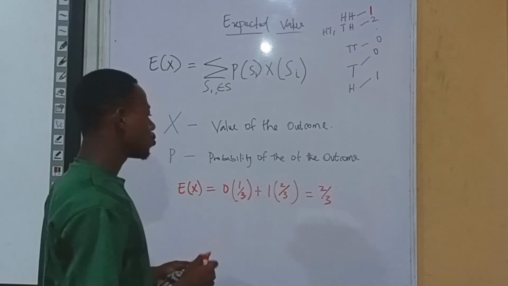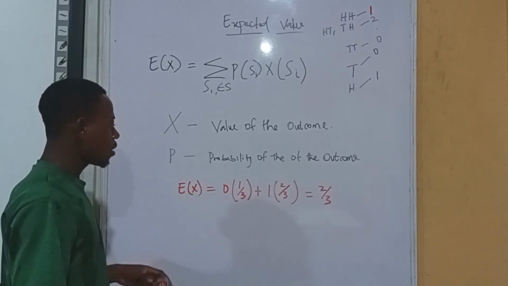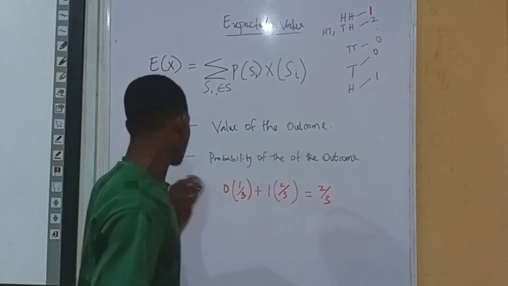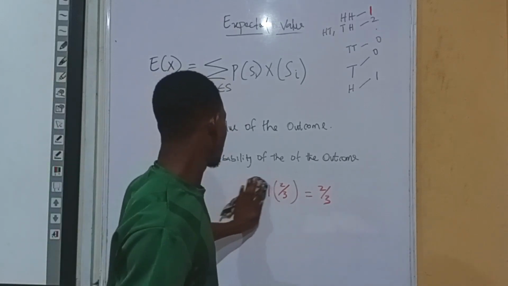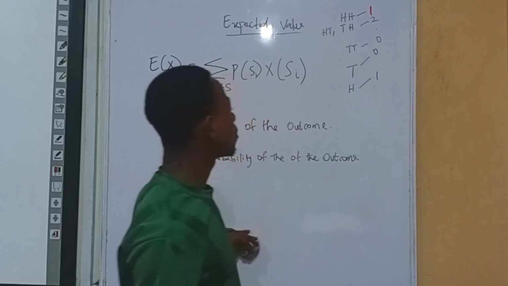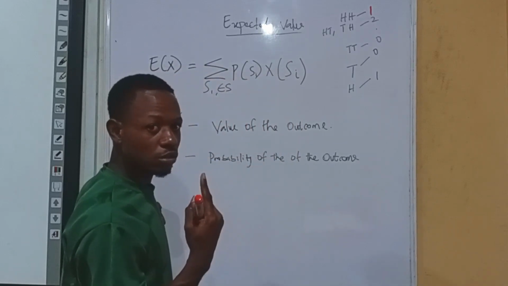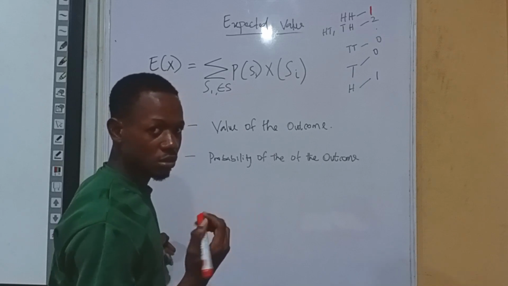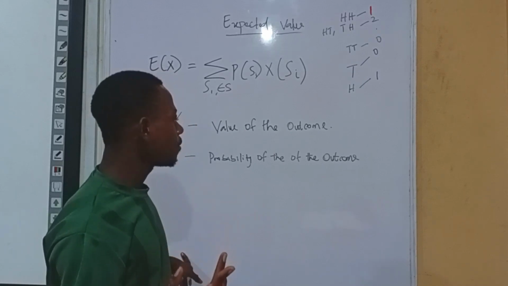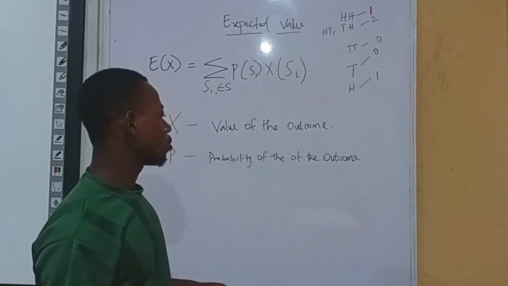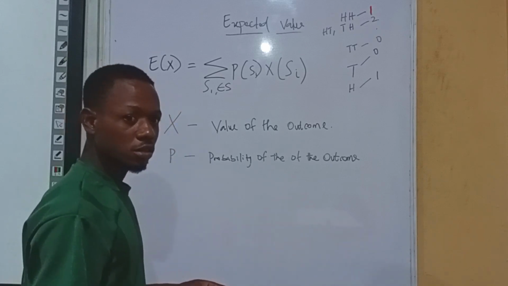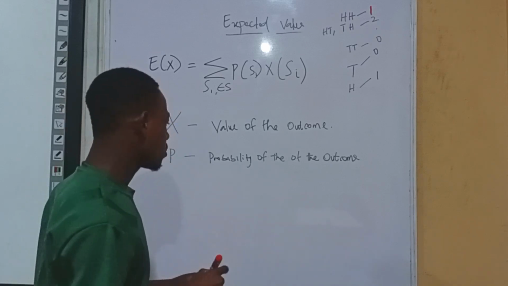Another example is to consider a fair die. The die has 6 faces. When we toss it, we can either have 1, 2, 3, 4, 5, or 6. Six different outcomes, and the probability of each one is 1 over 6.